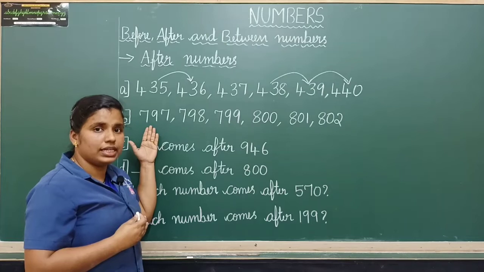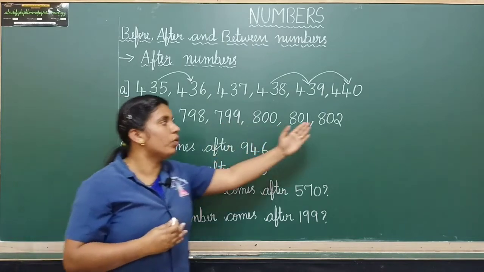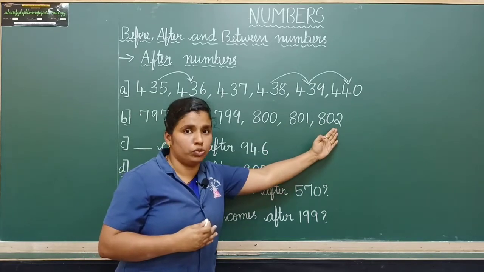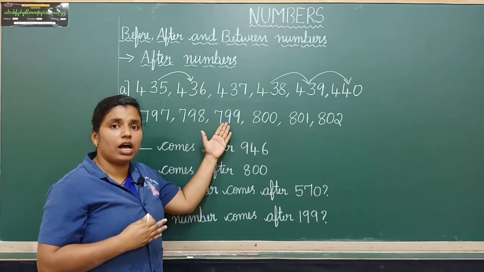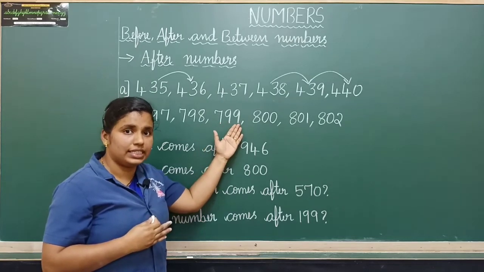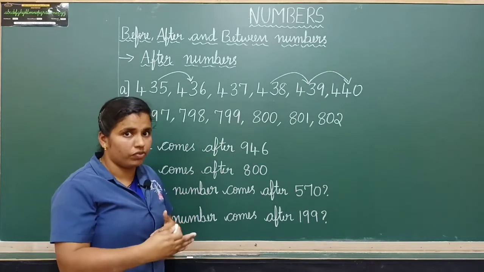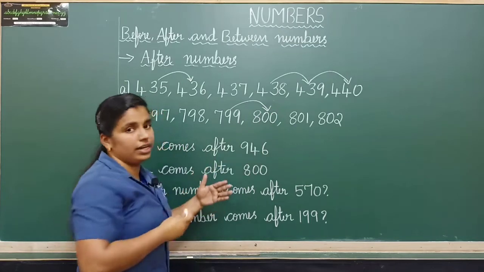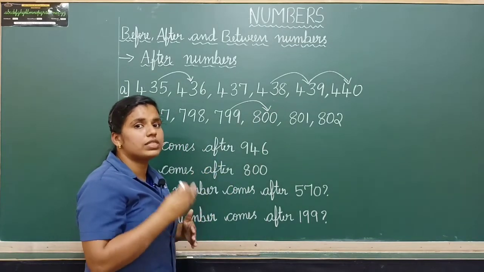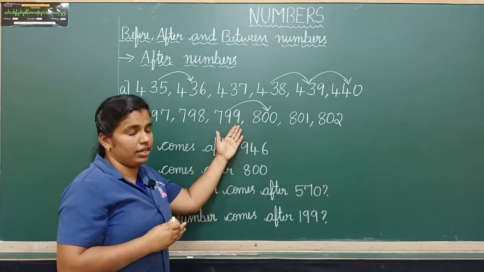Here you can see the numbers from 797 to 802. Now, which number comes after 799? If you start counting forward, first number is 800, and 800 comes after 799.